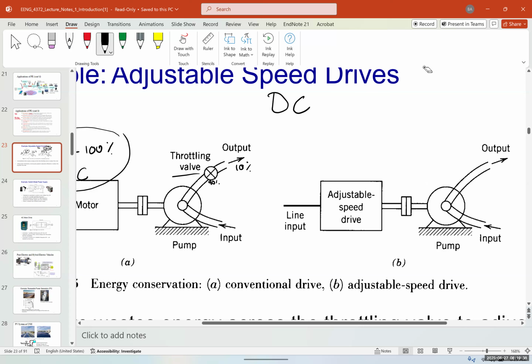There are a couple of ways, especially for asynchronous, but I'm just speaking about the squirrel cage or induction AC motor. So for DC, you control Vn. What about AC? How can I control the rotational speed of an AC motor?